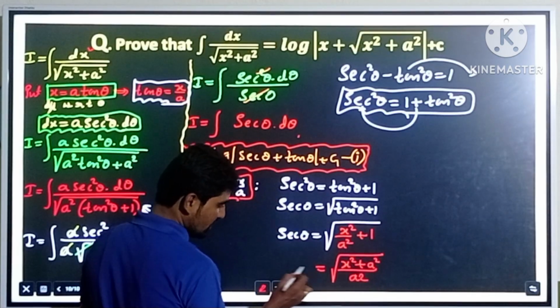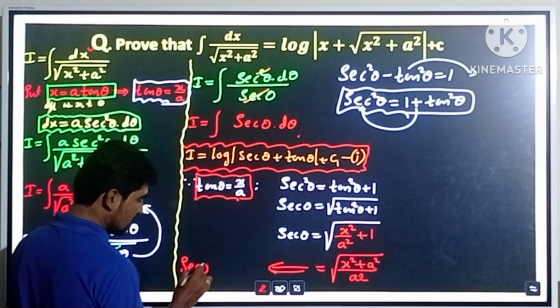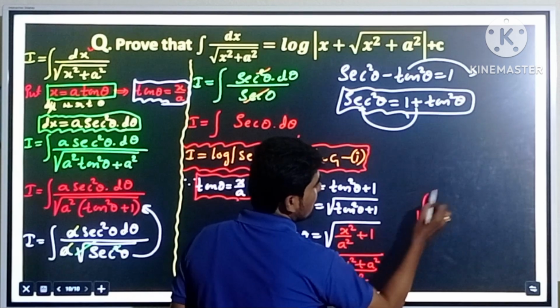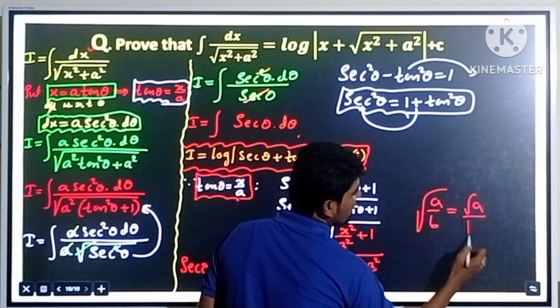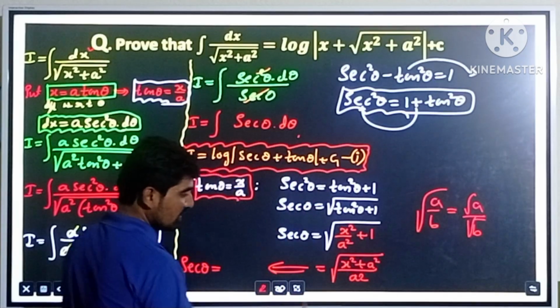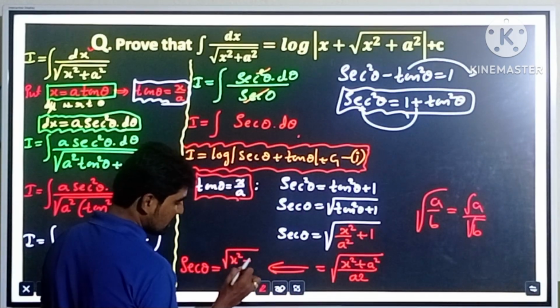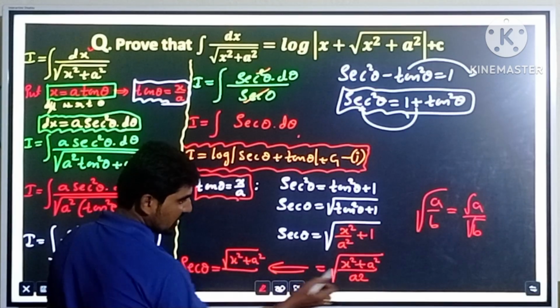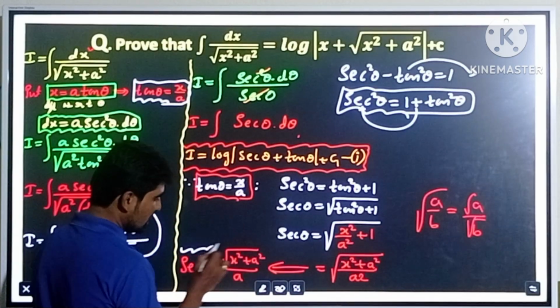Since the square root of a by b is equal to the square root of a divided by the square root of b, secant theta is the square root of x square plus a square divided by a.